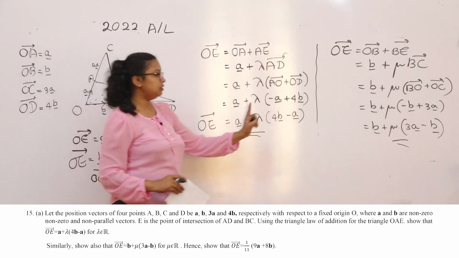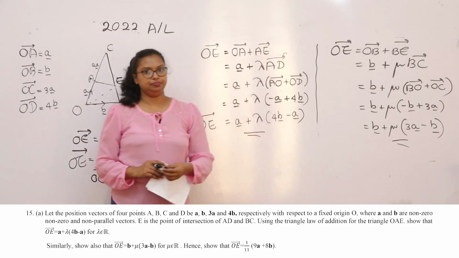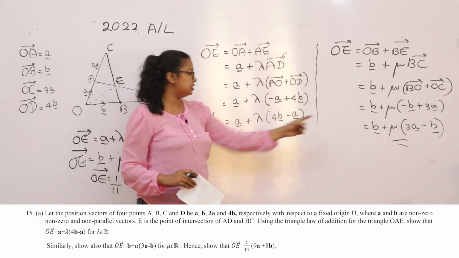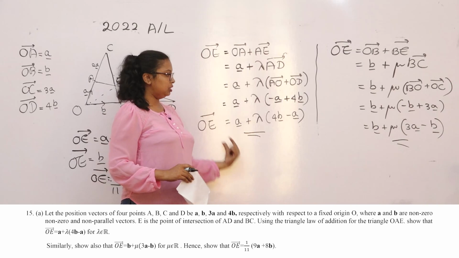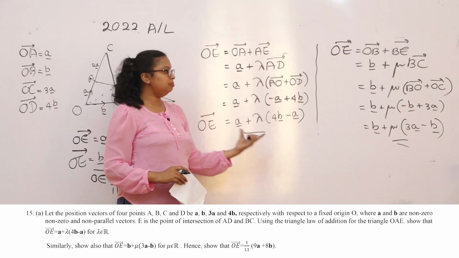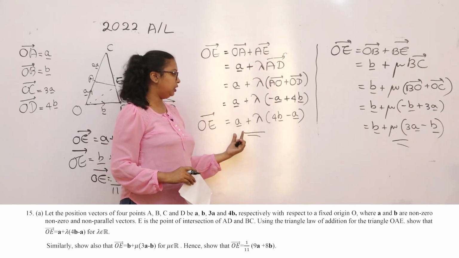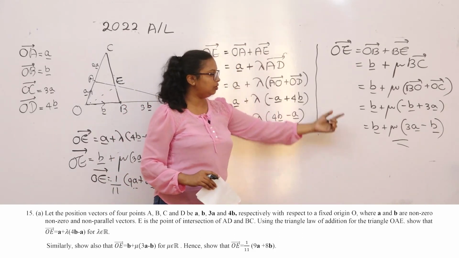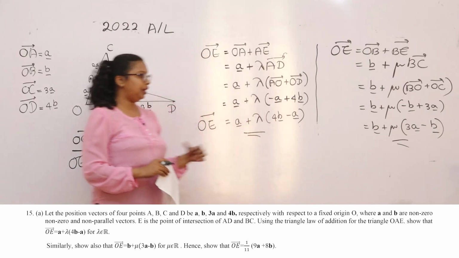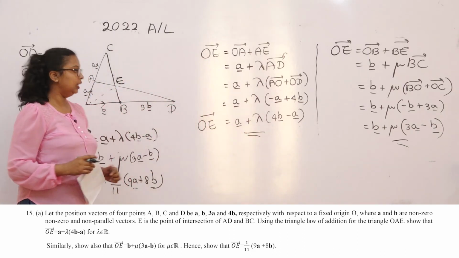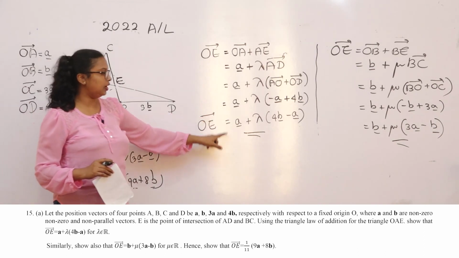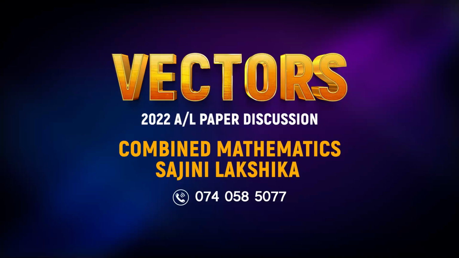So, when you have two unknown terms, what can we do? Both of these are for OE, so these two are equal, right? So, we can form an equation including this part and that part, that means OE is equal to OE, and then we can find lambda and mu separately, then substitute and find the answer.